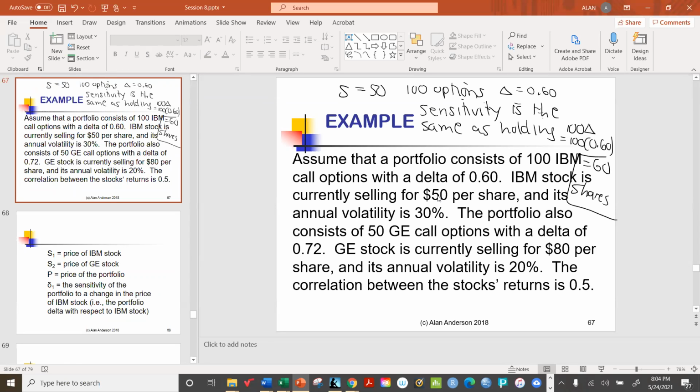Okay, so this is the logic that we're about to follow. In other words, you know what delta means. And also, by the way, I want to remind you that the delta of a share of stock is just 1.